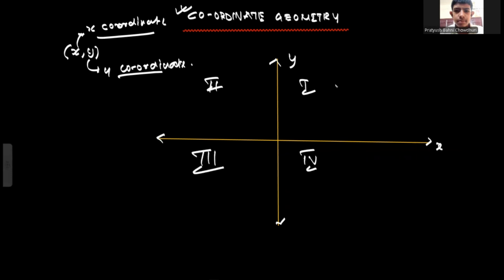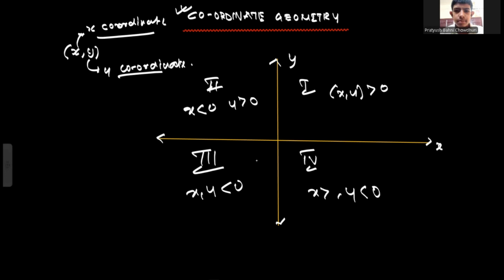Here, x and y are positive. Here, x is negative but y is positive. Here, x and y are both negative, and here x is positive and y is negative.